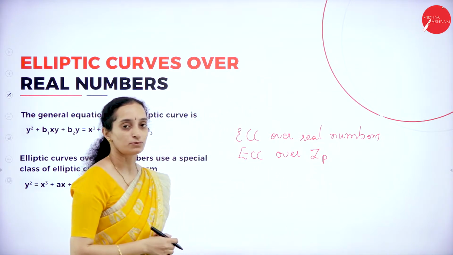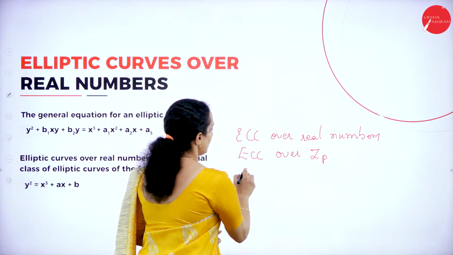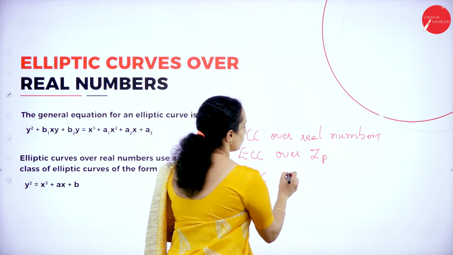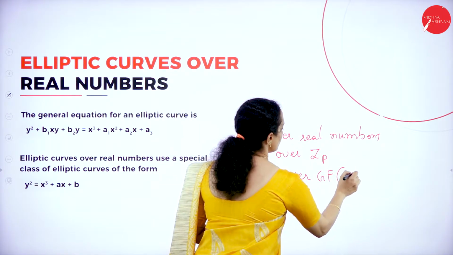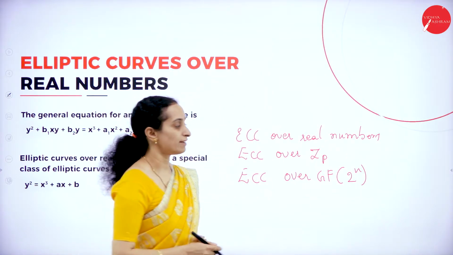Elliptic curve crypto system over Zp, that is prime values, and the elliptic curve cryptosystem over the set of finite values with a range of 2 to the power of n values.